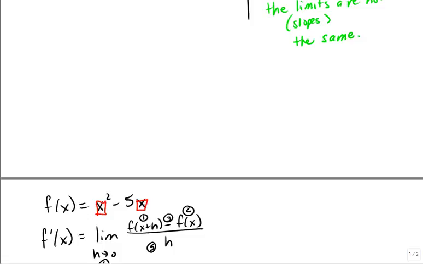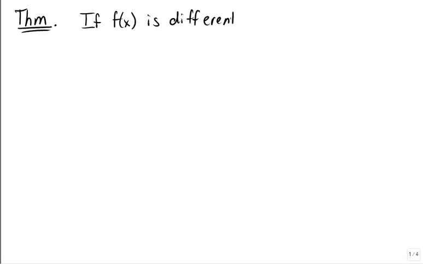And finally, something else that's really important in this section is this theorem, and I'm going to prove it, and you need to know the proof of it. If f of x is differentiable at a, then f is continuous at a.